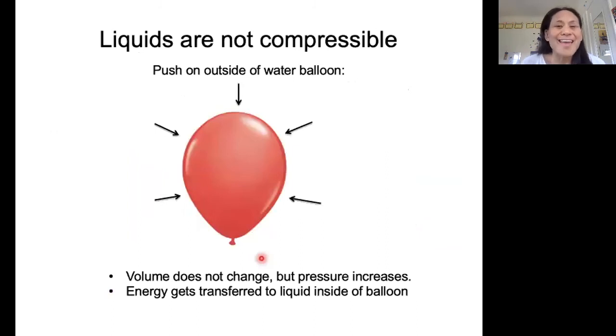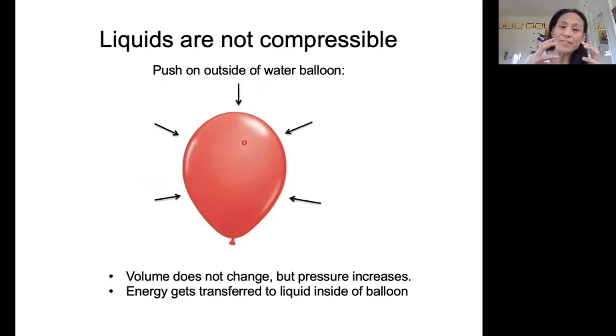All right, next concept that I want to bring up here is the fact that liquids are not compressible. That's very important because we're going to be looking at blood in the cardiovascular system. Blood is a liquid, therefore, blood is not going to be compressible. So let's imagine that you have a water balloon filled with water.